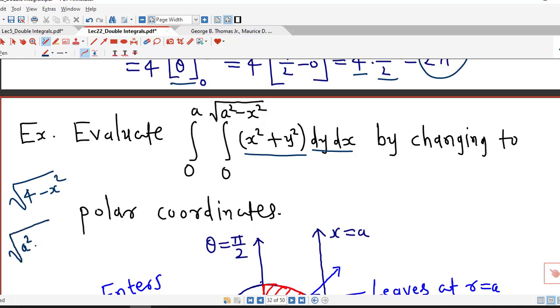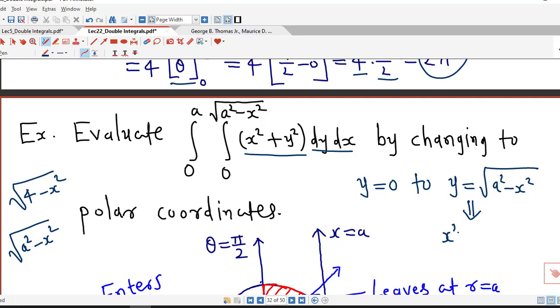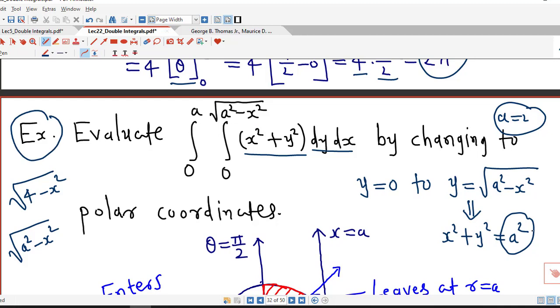So above example is particular case of this example with a equal to 2 and x has limits from 0 to a. So this problem is also similar to above problem. Here limits of y are from 0 to square root of a square minus x square. So this is nothing but equation of circle with center origin and radius a. In above problem radius a was 2. So above problem is particular case of this problem for particular value of a, which is 2.